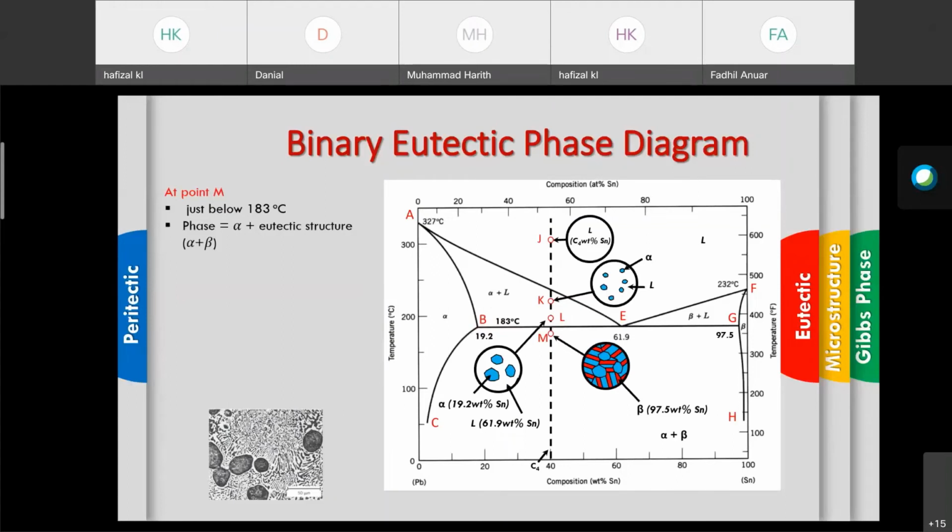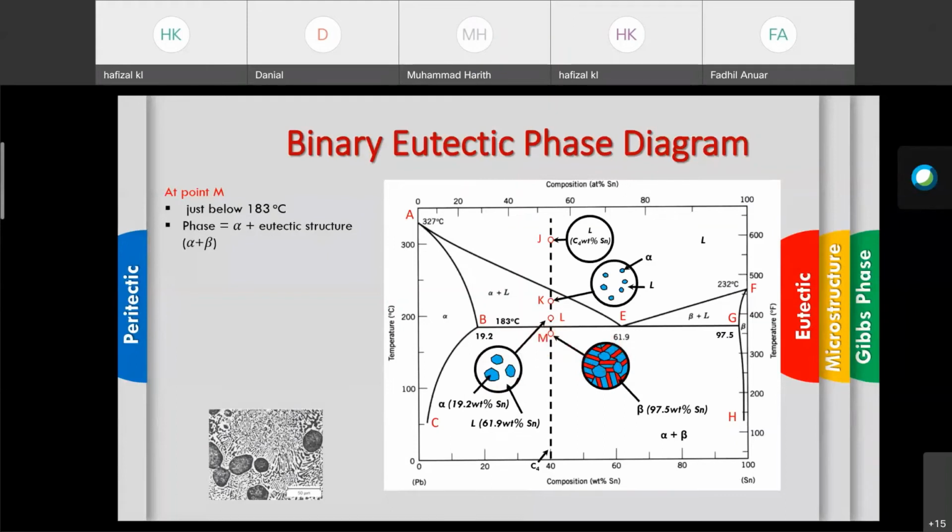Here the structure is a little bit different compared to point L, where at point L the nucleation starts, bigger and bigger alpha, and at point M it's something like this.